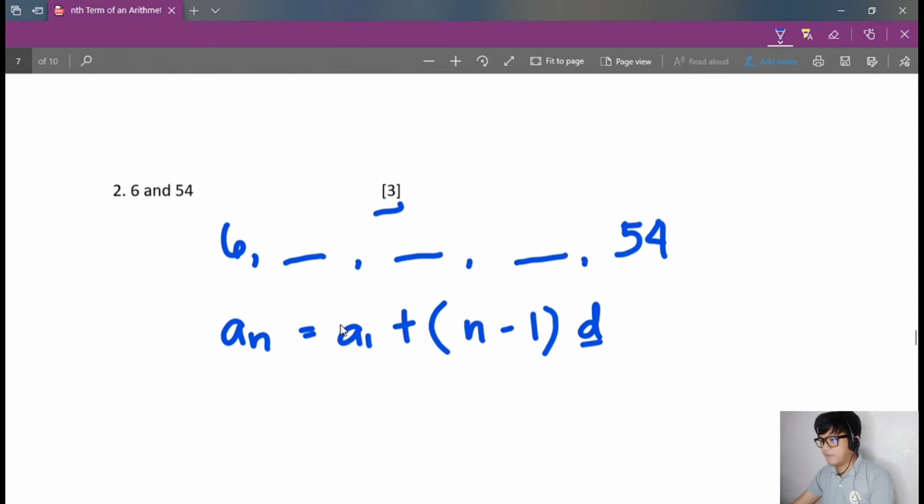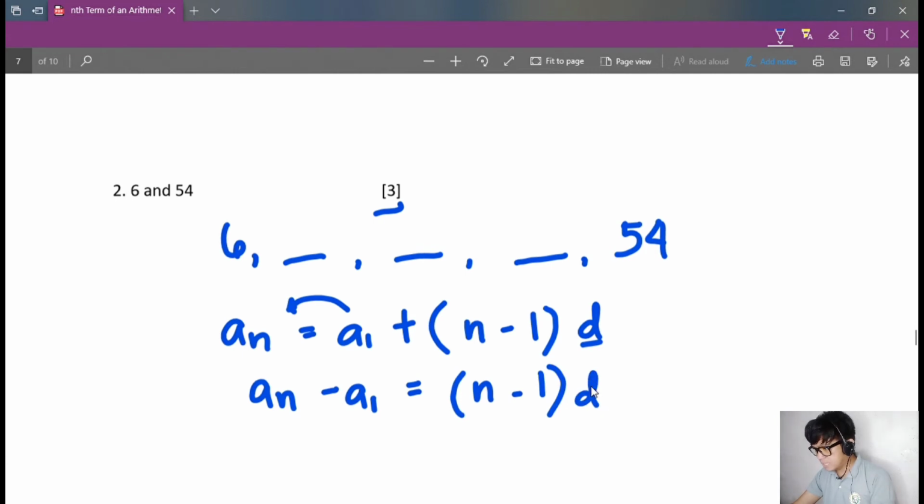So, ito yung derivation para shortcut na yung pag-identify natin ng common difference. So, ito siya, pwede man yan siya i-transpose dito sa kabila. So, a sub n minus a sub 1 is equal to, ang naiwan na lang sa kabila is the quantity of n minus 1 times d.